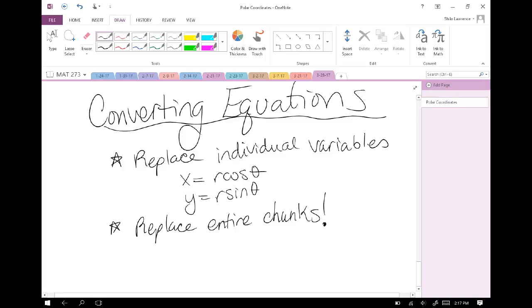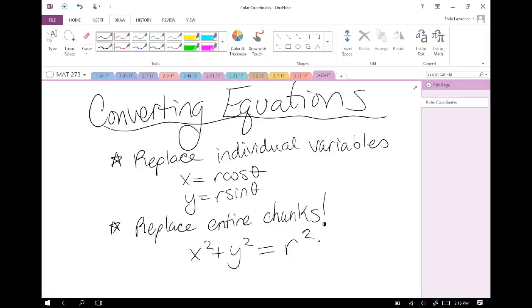And one nice big chunk that you can replace is x squared plus y squared. Look back at your conversion options. What would x squared plus y squared be equal to in polar? Almost. No, r squared. X squared plus y squared could get replaced with r squared because we said r is the square root of that stuff.